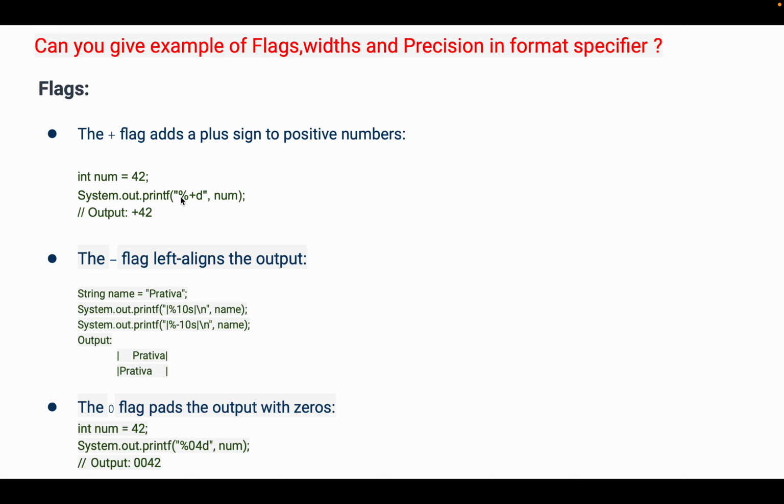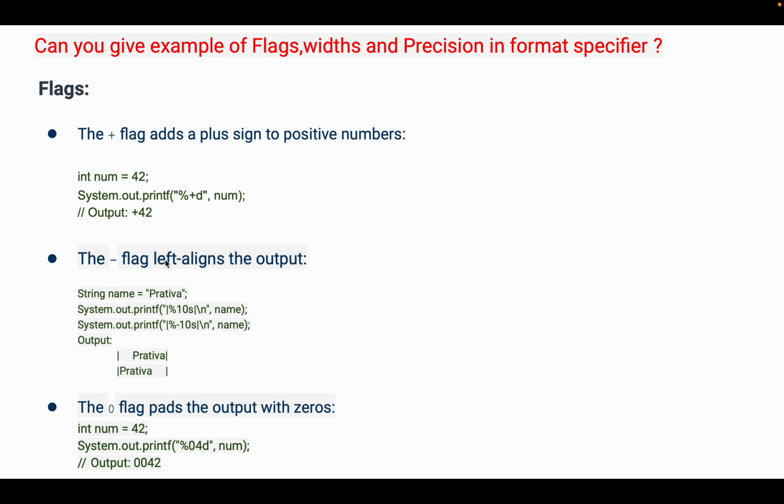So if we use percent plus d, it adds a plus sign, so the output will be plus 42. If you just use percent d, then it will be 42. Since we have added plus here, the output will contain the plus sign.